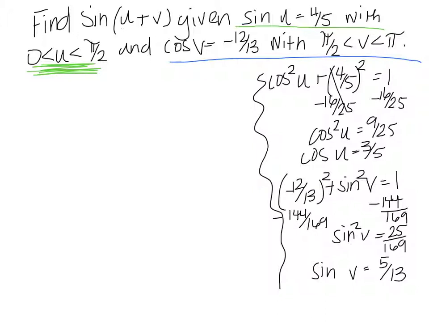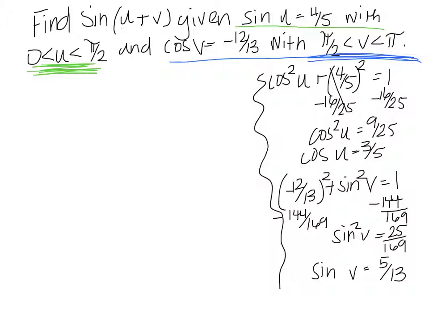I need to check on my other quadrant. V is between pi over 2 and pi. What quadrant is that? The second. Pi over 2 and pi, that's the second quadrant. Is my sine positive or negative in the second quadrant? Positive. Okay, so we've got all the right answers.